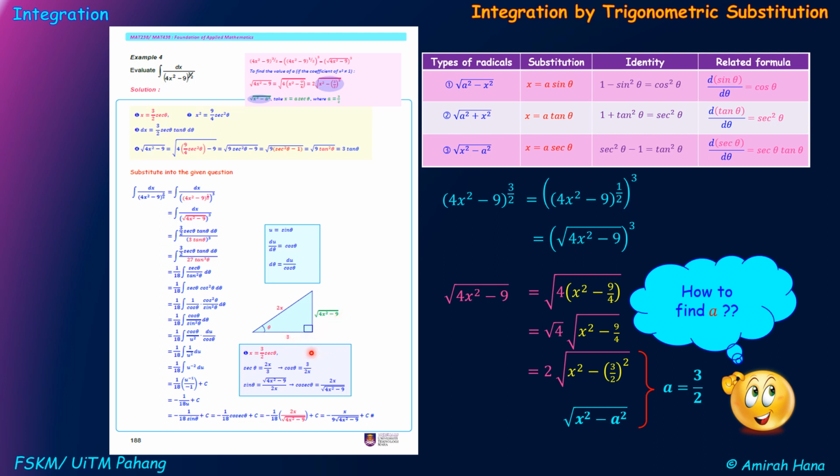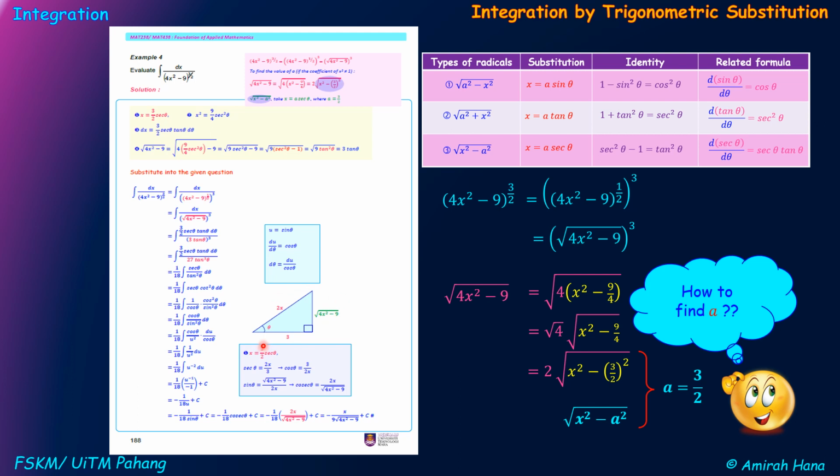Kalau awak check balik opposite ni yang kita cari sendiri ni using Pythagoras theorem, kita akan dapat balik radical seperti soalan. So itu tanda-tanda betul. Right? Alright, sekarang kita dah dapat all three side.